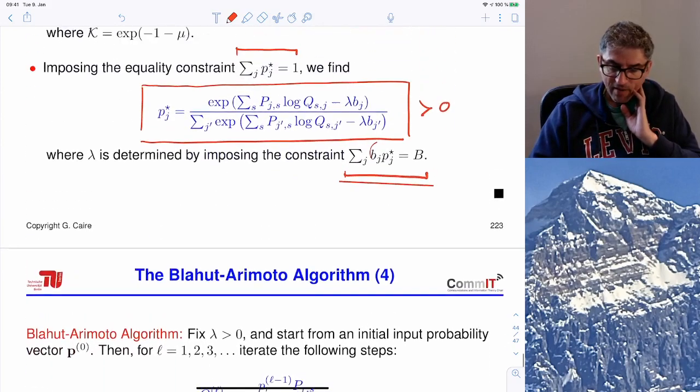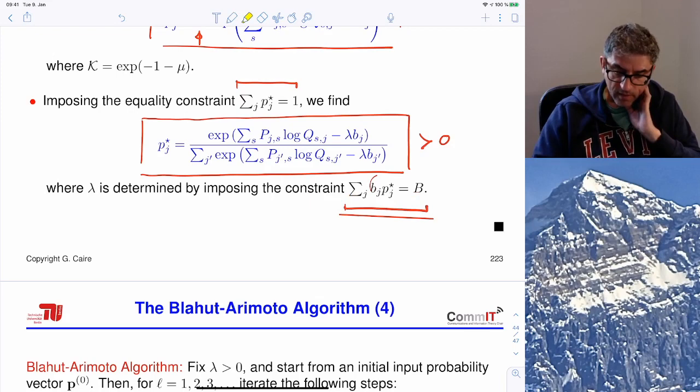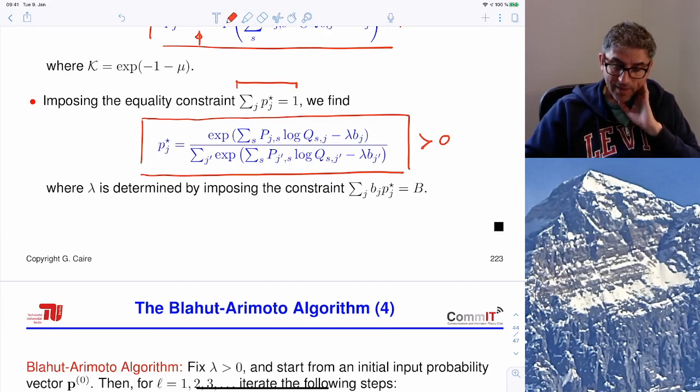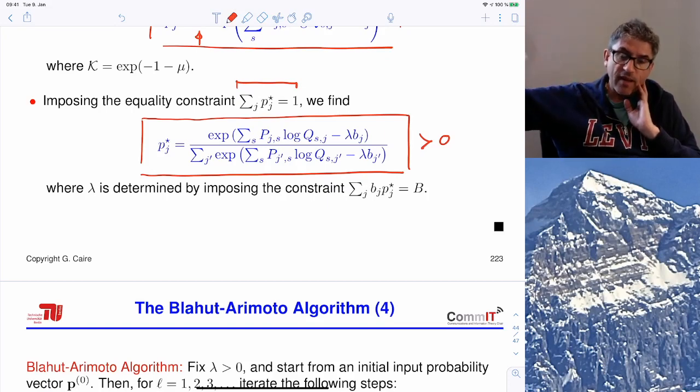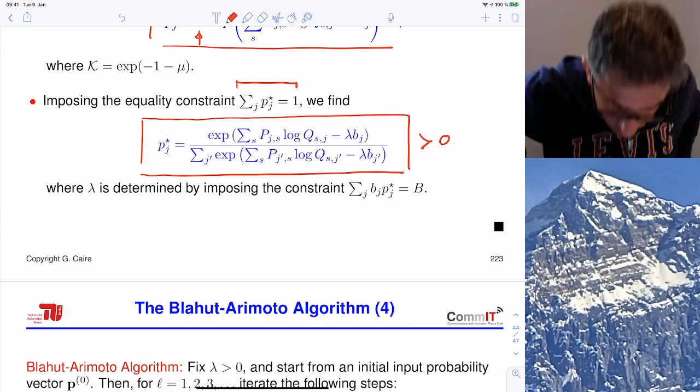Normally, when we have this type of Lagrangian problem, it's much easier to fix the Lagrangian multiplier, do the optimization for a fixed Lagrangian multiplier, and then the Lagrangian multiplier will give you a value of the cost. You repeat this for many values of the Lagrangian multiplier, and then you have the whole function in parametric form.